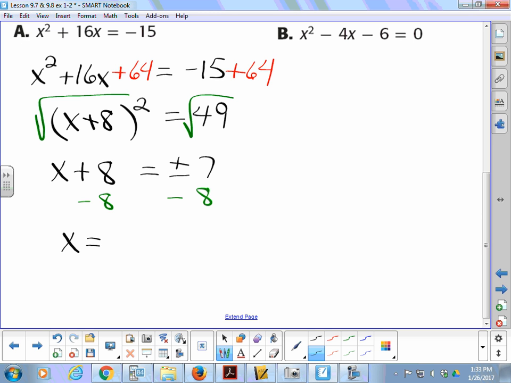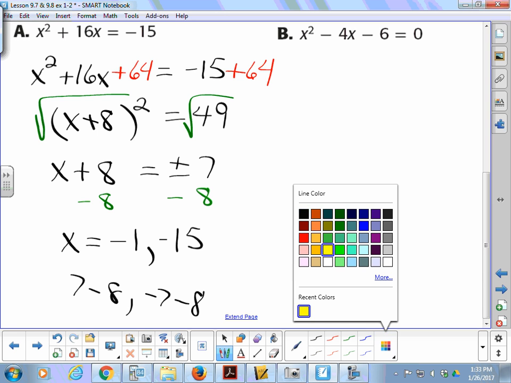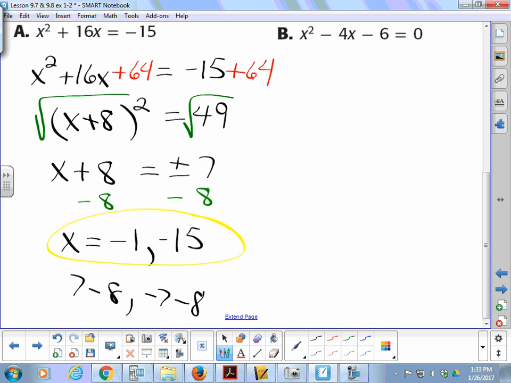So 7 minus 8 is negative 1, and negative 7 minus 8 is negative 15. All right, so you have to do both 7 minus 8 and negative 7 minus 8. So this is our answer: negative 1 and negative 15.